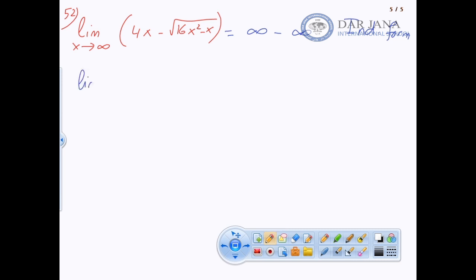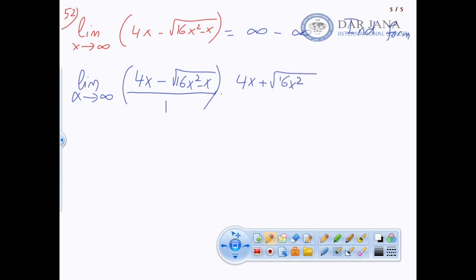Since we have a radical, we can multiply by its conjugate, which we call rationalizing, here over 1. The book says rationalize it, but we should know that we have to rationalize and multiply by the conjugate, which is 4x plus radical 16x squared minus x, over 4x plus radical 16x squared minus x.